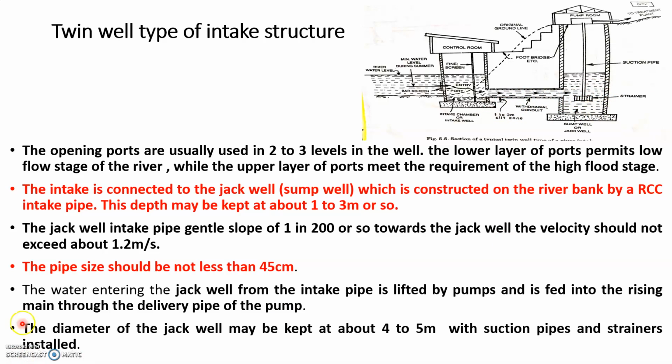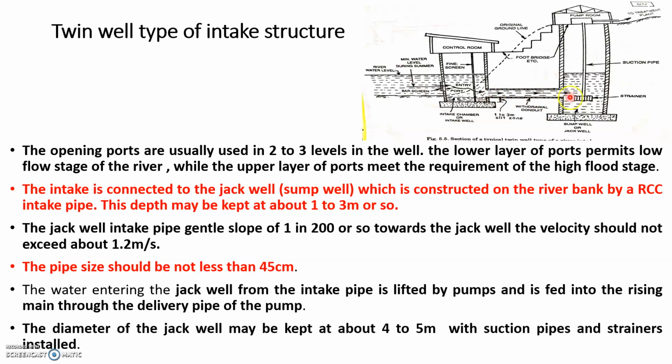The velocity here is restricted to around 1.2 meter per second, and this pipe size should not be less than 45 centimeters. If it is less than that, debris may enter and choke it, and it may cause many problems to the intake structure itself.